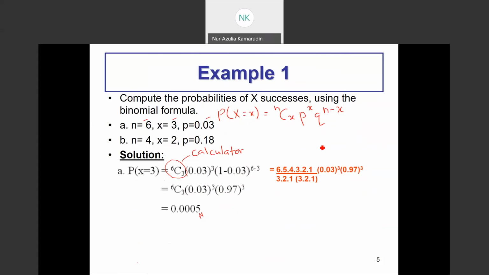Okay, take note of this part here. This is where you have nCx, which you may also say is n factorial divided by x factorial times n minus x factorial.